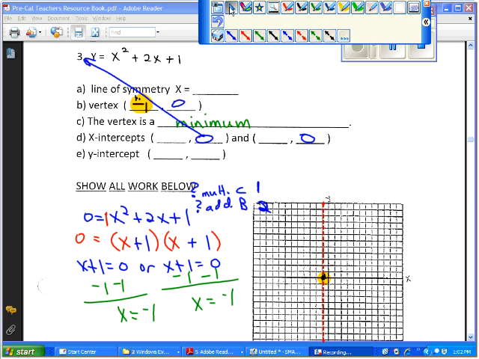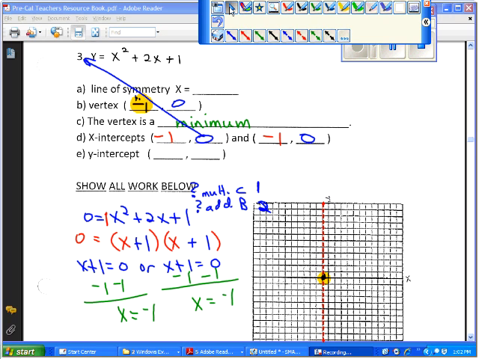This time they're identical twins, but they're still 2. So the zeros are -1 and -1. What Miss Ballard would say is that it bounces there. Not really bounces, but it appears twice. It's like it's stacked up on itself. You have that identical twin result.